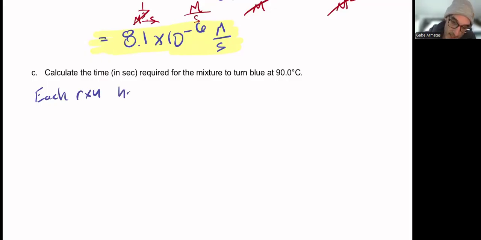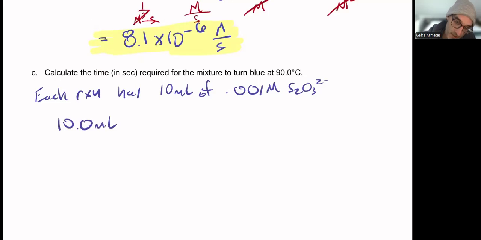So each reaction has 10 mils of the 0.001 molar S2O3. With that said, I'm going to multiply by concentration, liters in the bottom, moles in the top.